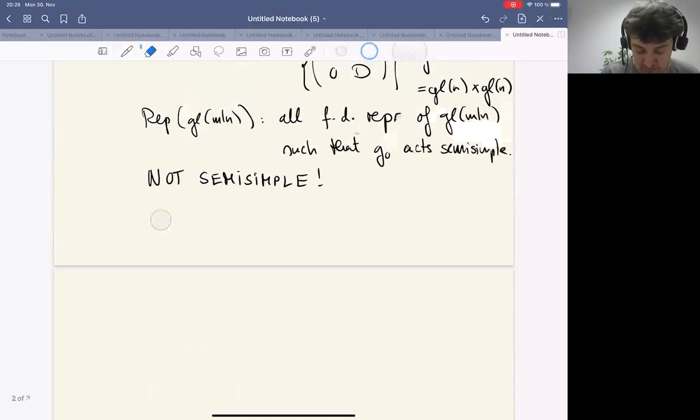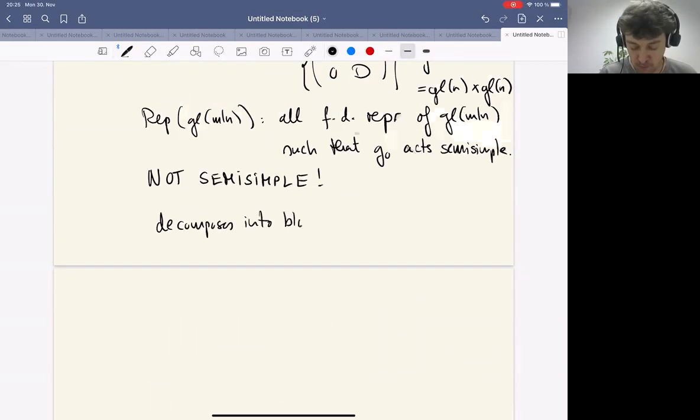So this category decomposes into blocks. And we can assign a number to each block which measures the failure of semi-simplicity, or how complicated the block is.